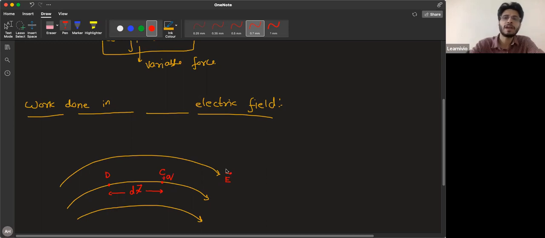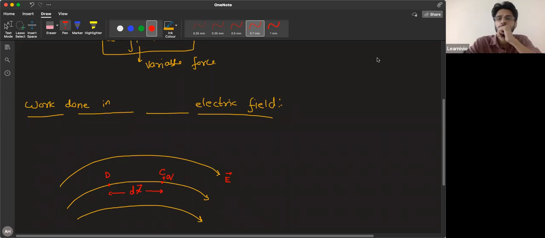So Mazia, what happens when we place a charge in some electric field? What happens with the charge when I place it in an electric field? Minashi, what happens when we place a charge in an electric field?